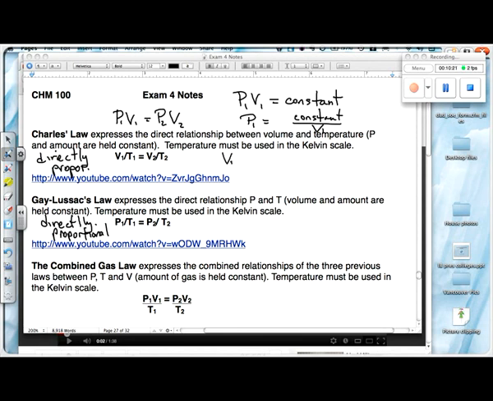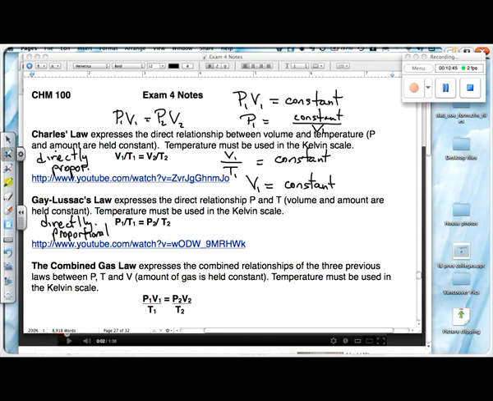So if I took V1 T1 equals a constant, then V1, my bad. That is not how the equation looks. So V1 over T1 is equal to a constant. So V1 is equal to the constant times T1.